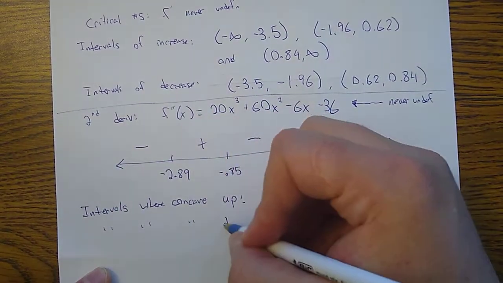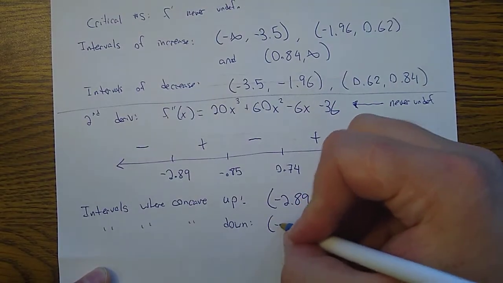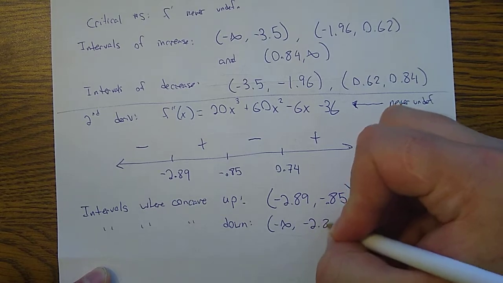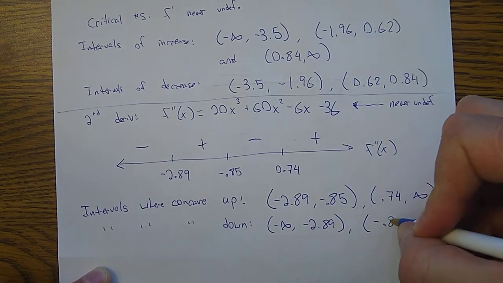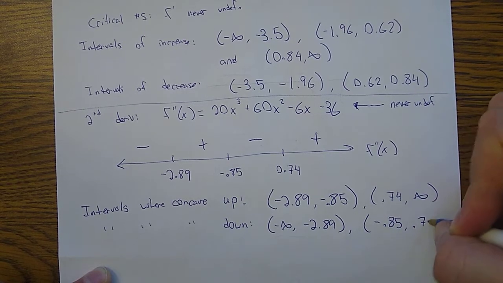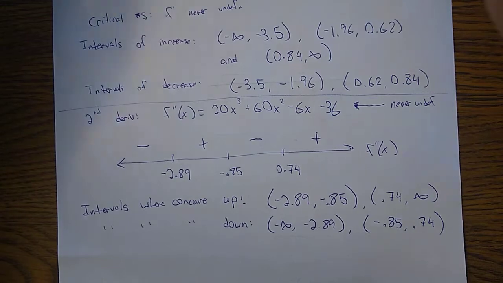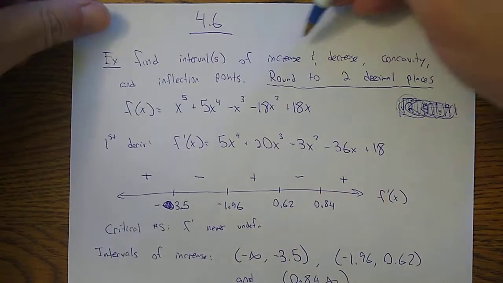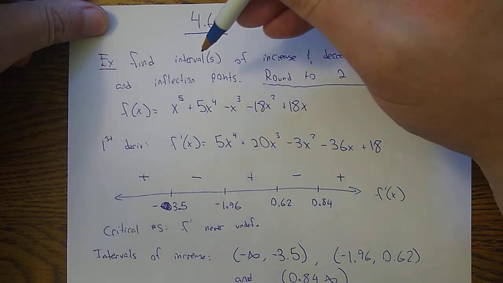Intervals where concave down, that's this one and this one. Okay, so now we did almost everything. We found the intervals where it's increasing, decreasing, concave up, concave down. Lastly, let's find the inflection points.